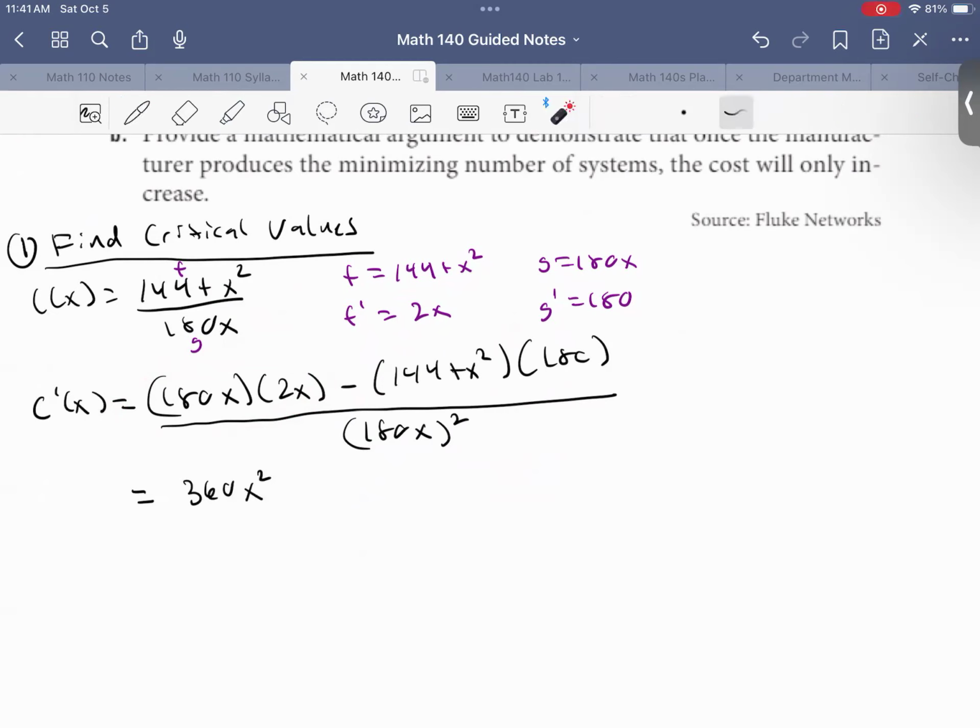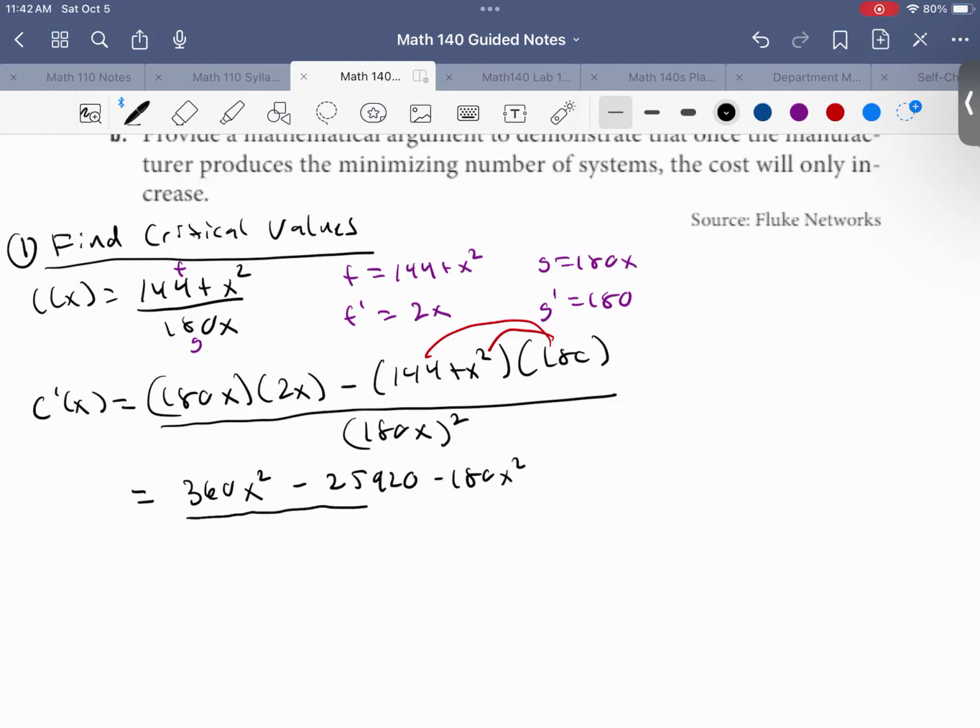And if I distribute in this 180, 144 times 180 is 25,920, minus 180x squared, all over 180x squared.